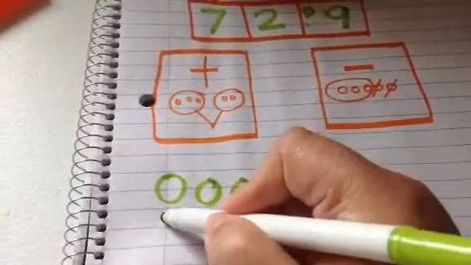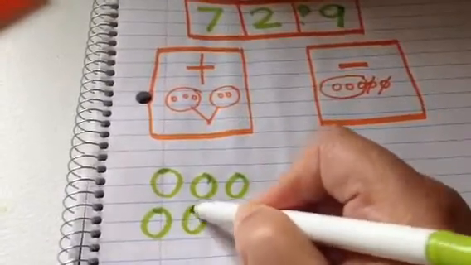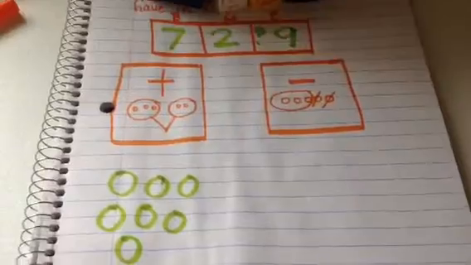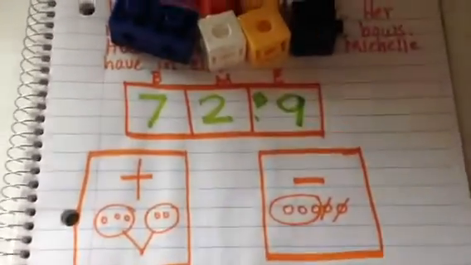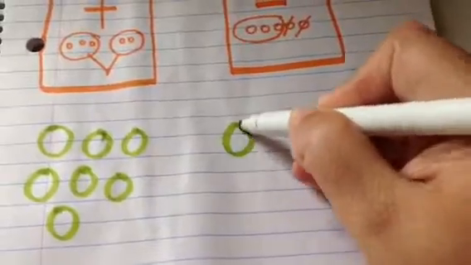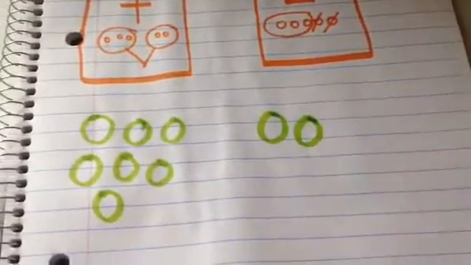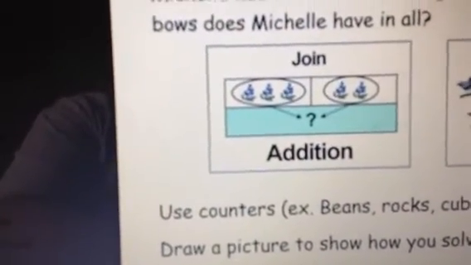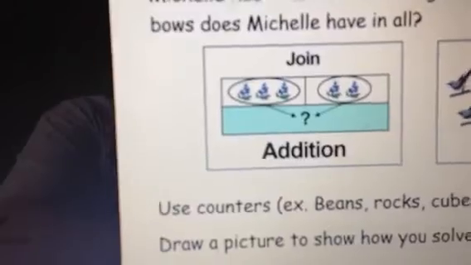Okay, 3, 4, 5, 6, 7. Okay, and her mom gave her how many more? 2 more. Okay, so I'm going to draw the 2 right over here. Now remember, when we're joining, our poster looks like this, okay? We have one group and another group, and then we're going to join them. All right, so I'm going to do that on my paper.